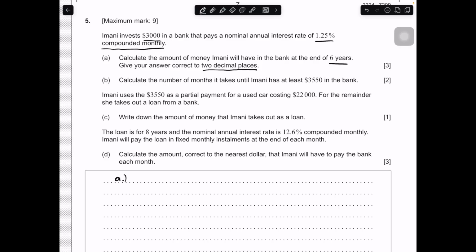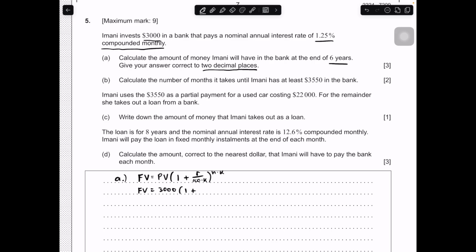So our formula is the final value is equal to the present value times 1 plus r, the interest rate over 100 times k, to the power of the number of years times k, the number of times it's compounded per year. So the final value is what we want to find out. The present value, we're putting $3,000 in the account.